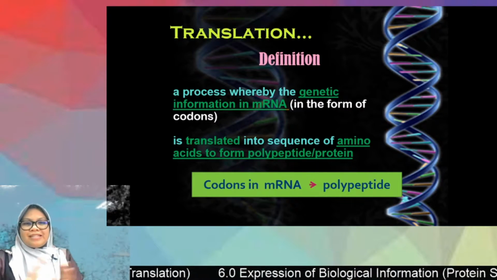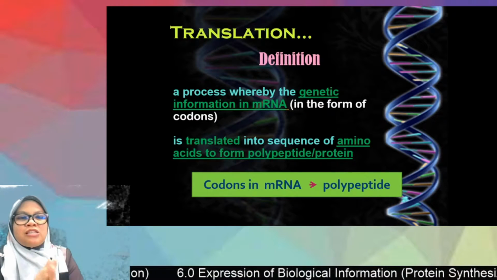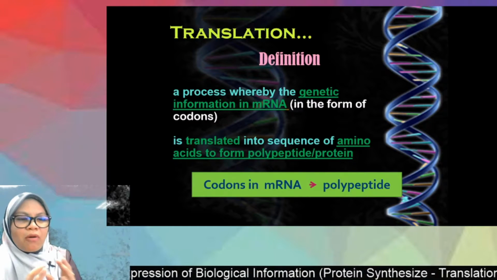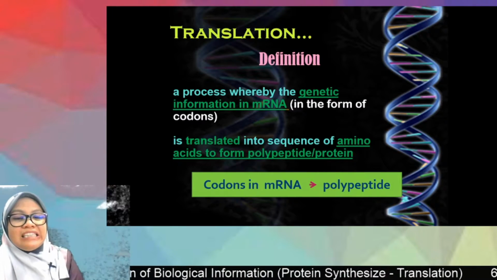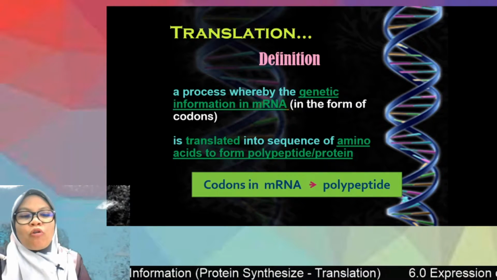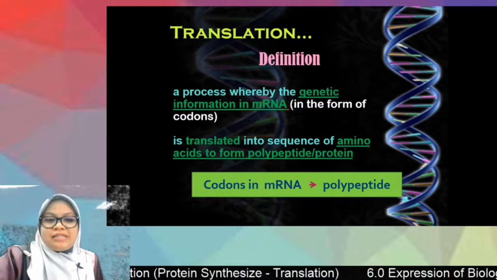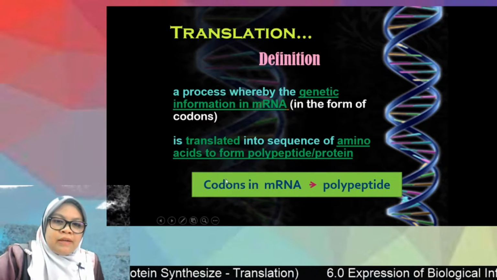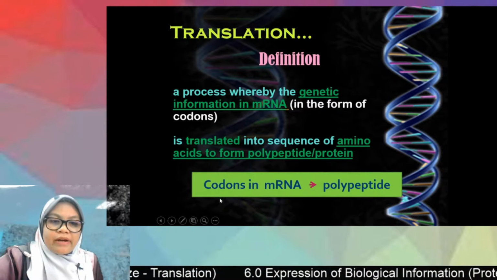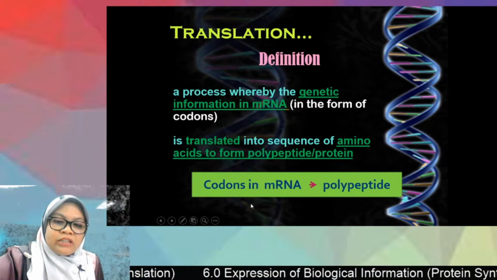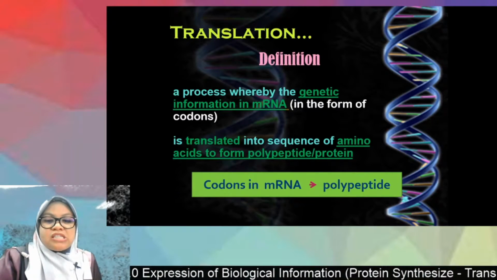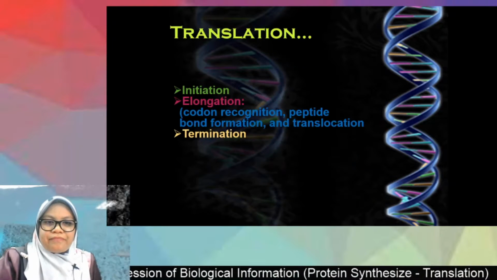So translation is basically the process whereby the genetic information in mRNA in the form of codons is translated into a sequence of amino acids to form a polypeptide or protein.